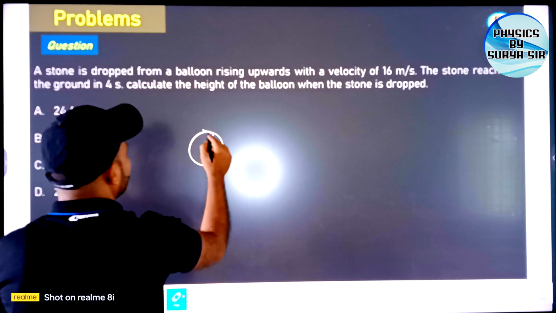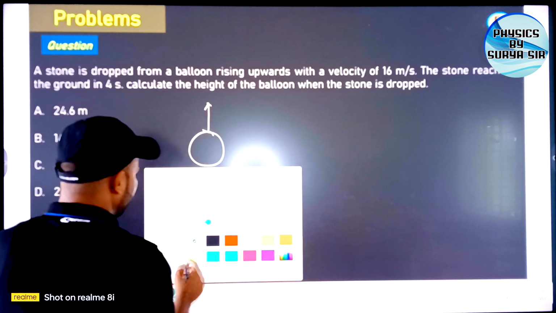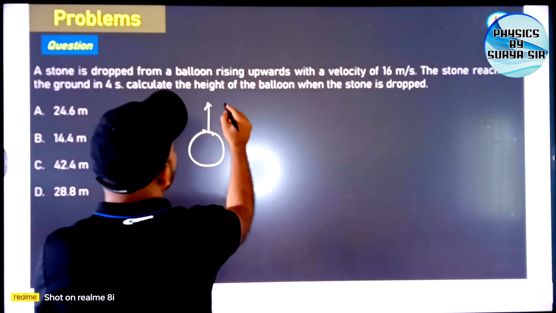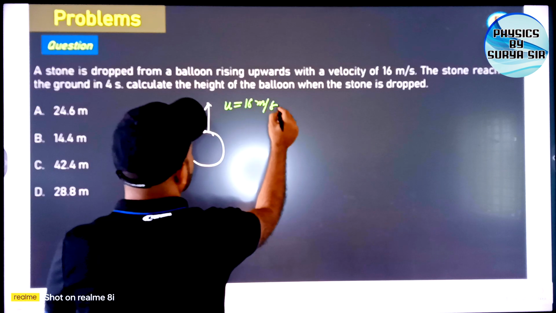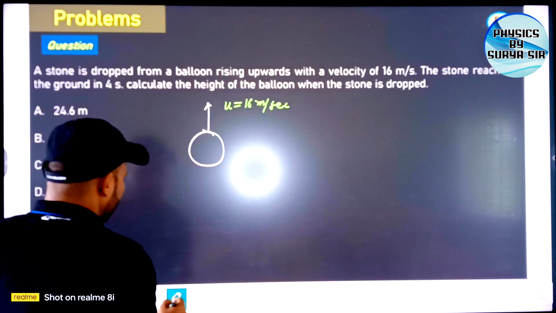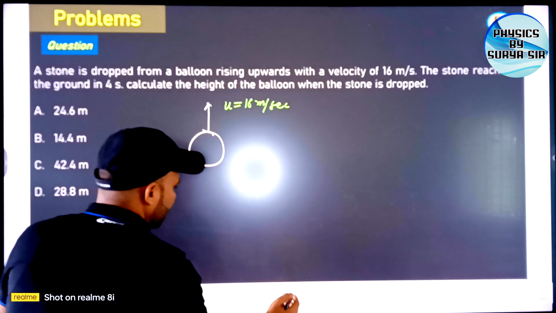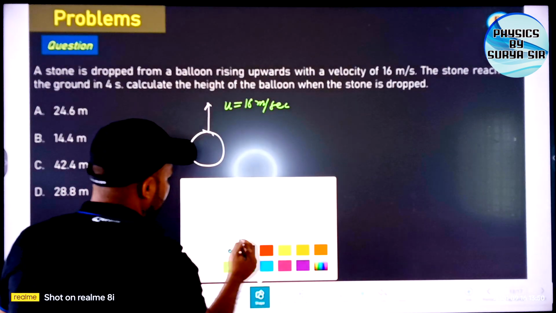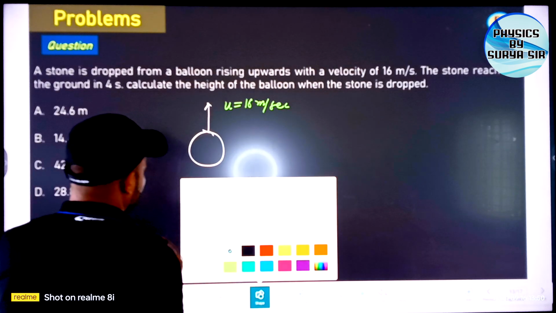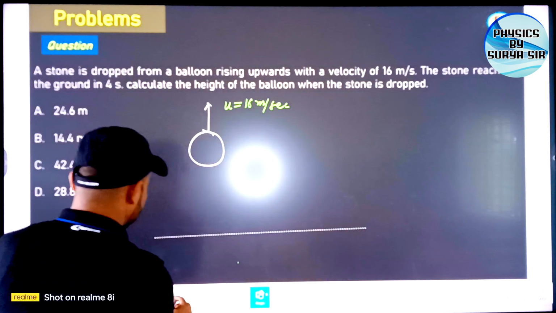There is a balloon moving upward with a velocity u equal to 16 meter per second. Suppose this is the earth surface.